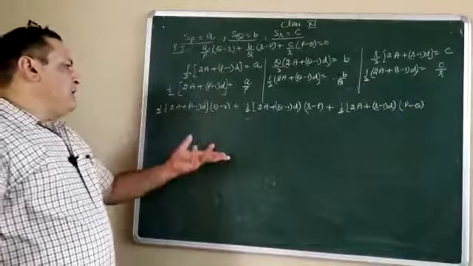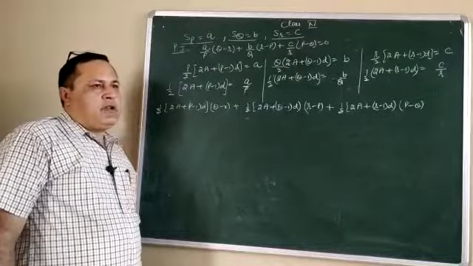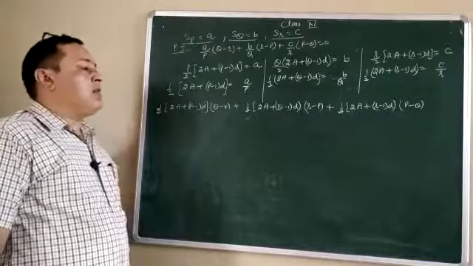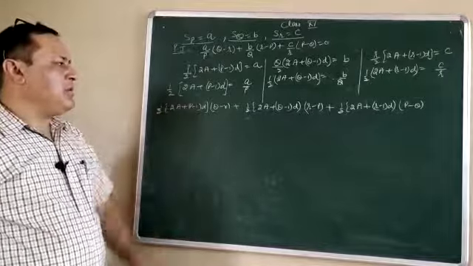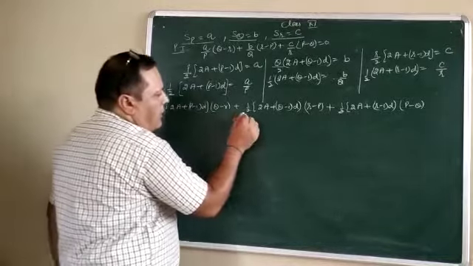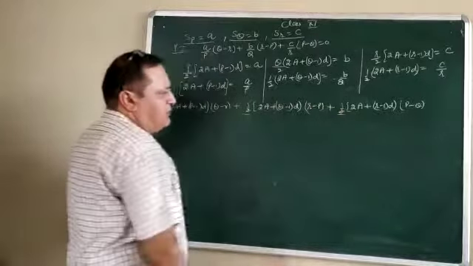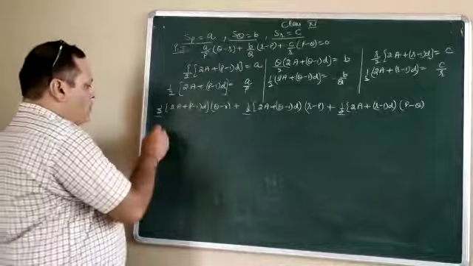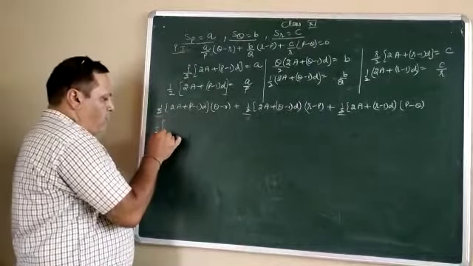Now it is an ordinary multiplication. After that you will easily get the result, but see the simplest method. 1 by 2 is common in all the terms, so we take 1 by 2 common here.